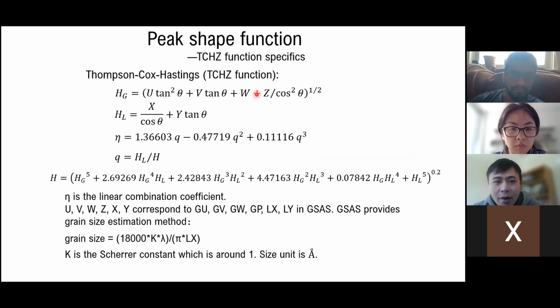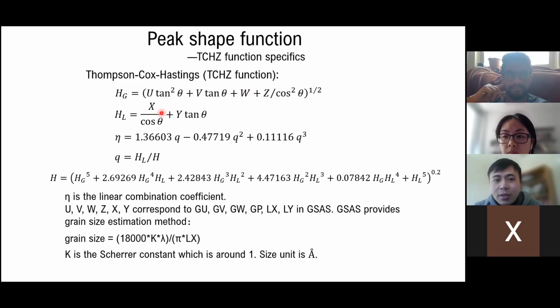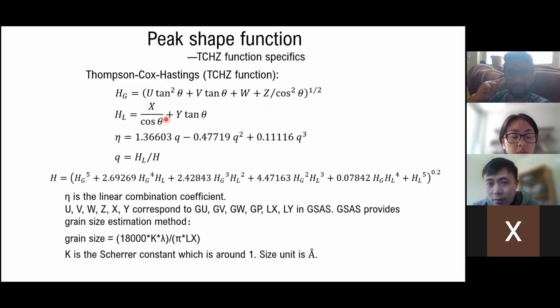It still inherits the general formula for the Gaussian part, but now we have an additional term here relating to Z. So you probably will see that in GSAS, it will have an additional GZ parameter, which comes from the Gaussian part of this profile function. But we still see a similar form, right? And also for the Lorentzian part, it's basically the same, right? You still have the XYZ defining the Lorentzian part.